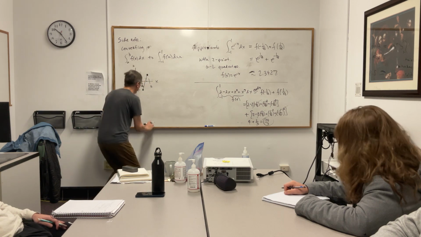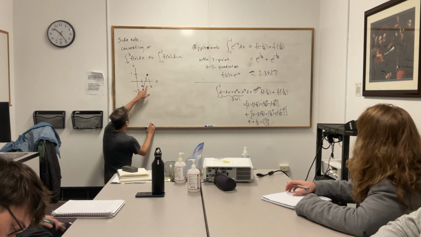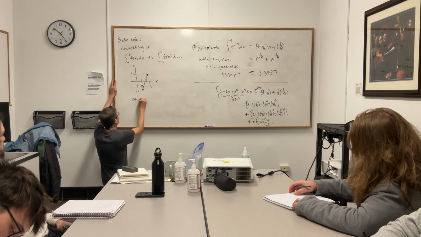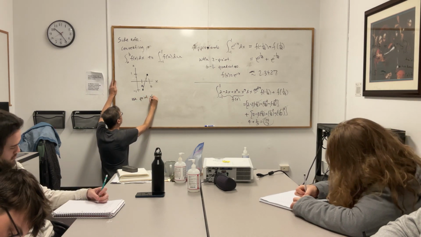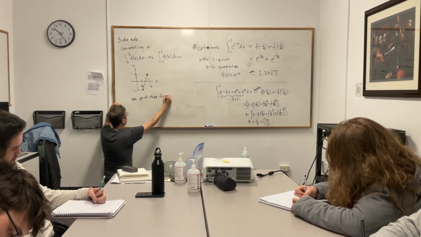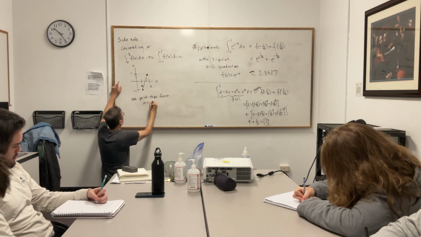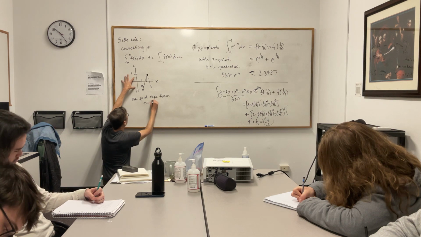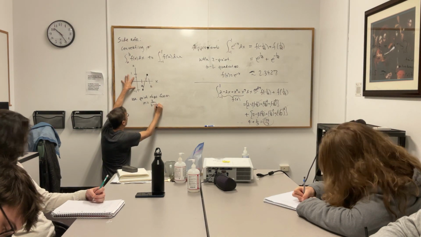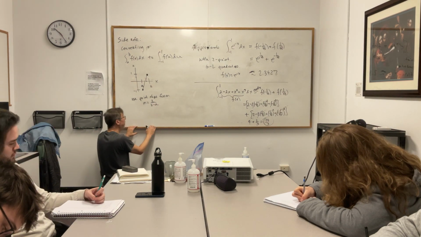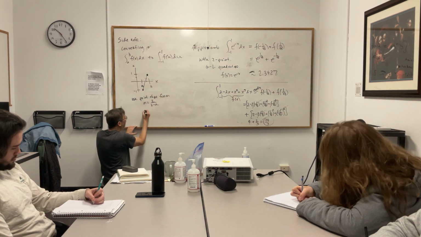Very, very straightforward. To do this, I'm going to use point-slope form. The slope is non-negotiable. So m is just the change in height over the change in x values. And then I can use any point I want.